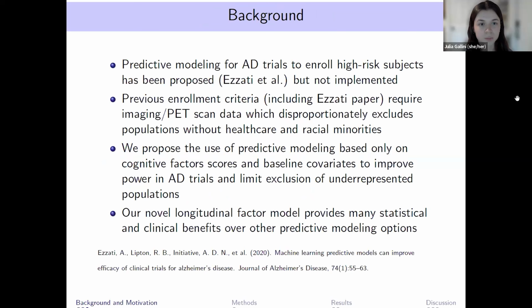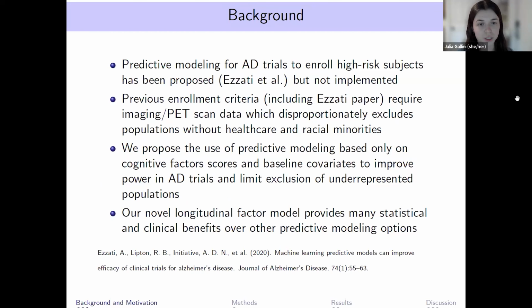For some more background, predictive modeling for AD trials to enroll high-risk subjects has been proposed by Azadi et al., but not implemented. And previous enrollment criteria in these trials, including the Azadi paper, require imaging and PET scan data, and this disproportionately excludes populations without healthcare, as well as racial minorities in the US.